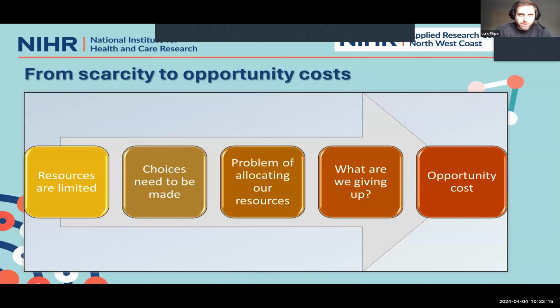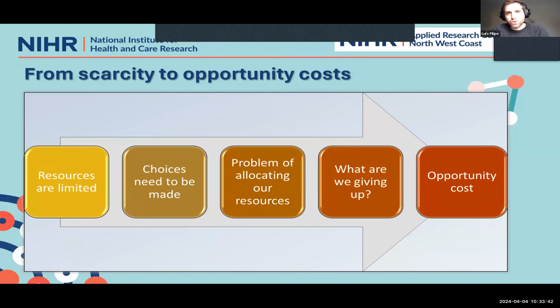There are no infinite resources in the world, so you never have infinite money. You never have, importantly, infinite time. So you can never buy everything you want. You can never have time to do everything you want, which means that choices need to be made. But then if you need to make choices, you need to choose how to allocate your resources, okay?